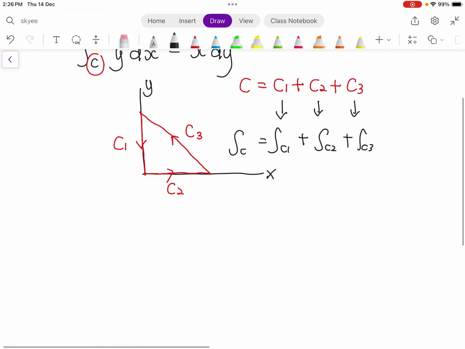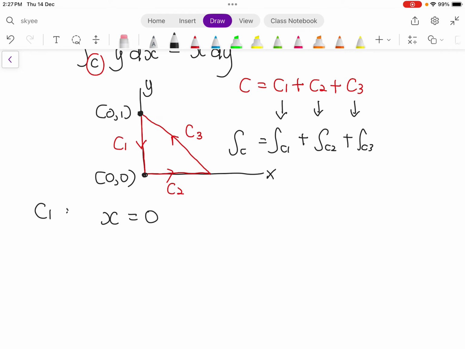So we go to the first curve, that is C1. C1 goes from (0, 1) to (0, 0). Basically you can see that x remains 0, but y is from 1 to 0.